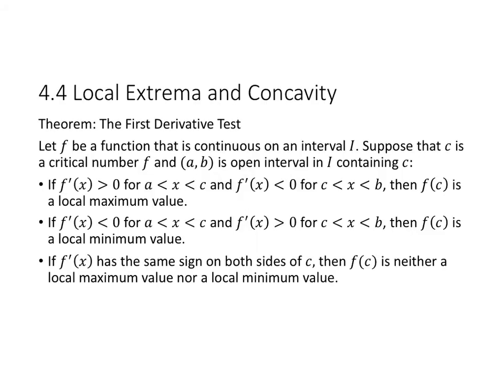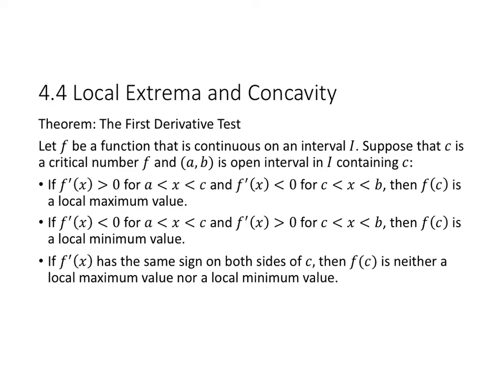So let me just read through this slide and then we're going to discuss what it means. The first derivative test. Let f be a function that is continuous on the interval I. Suppose that c is a critical number of f and (a, b) is the open interval in I containing c. If f prime of x is greater than 0 for all a less than x less than c, and f prime of x is less than 0 for all x in between c and b, then f of c is a local maximum.